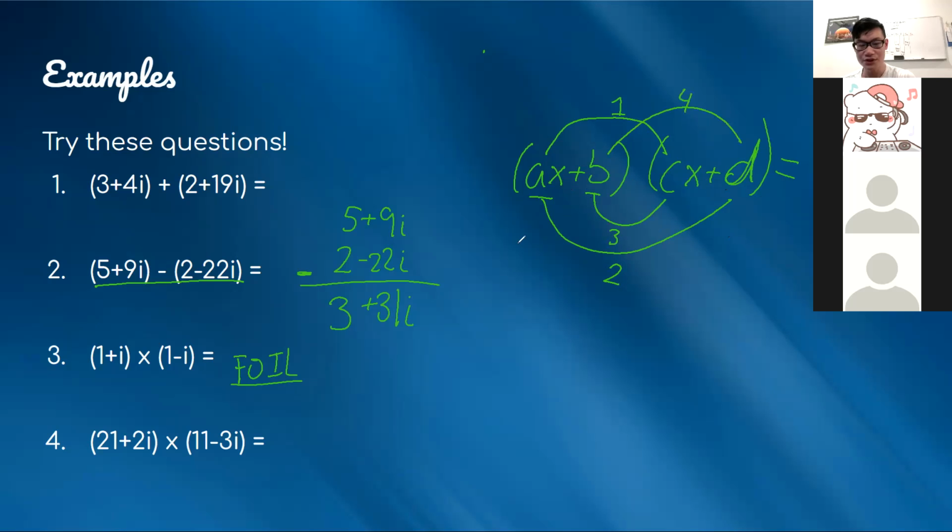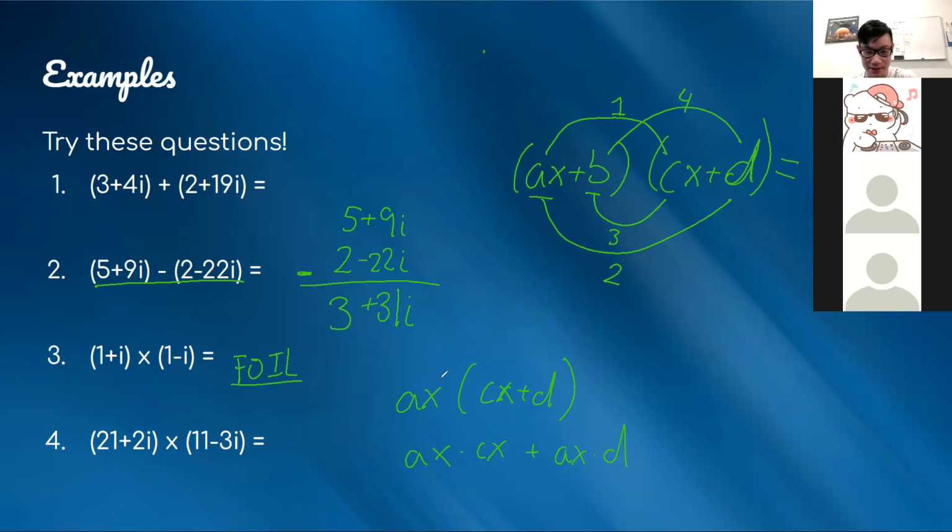So what you're basically doing is you're taking all the possible combinations of multiplication and you're adding them all together, right? So ax needs to be multiplied with cx and d. And then b needs to be multiplied also with cx and d. And this is basically how distributive property works, right? Because if I had ax times cx plus d, this is basically ax times cx plus ax times d, right?